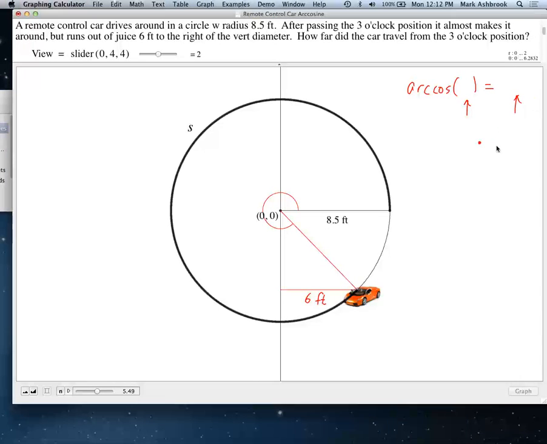So arc cosine, what's the input into arc cosine? That's why we reviewed it. Horizontal distance in radius lengths. And will give us what? Angle. Swept counterclockwise.